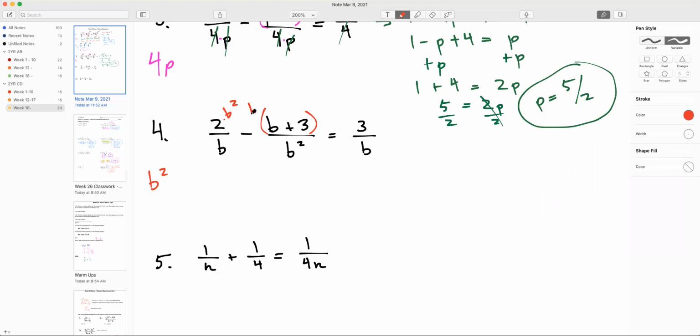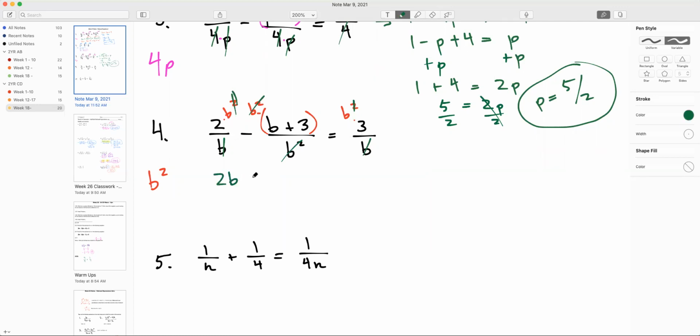I'm going to put this over here so you can see it a little easier. And then b squared here. Now we have to cancel. B cancels with b on top, so that's just 1b there, 2b. And then b squared cancels with b squared, and then the b squared becomes just a b on top there.